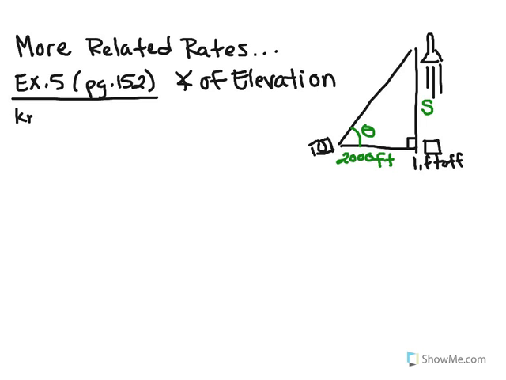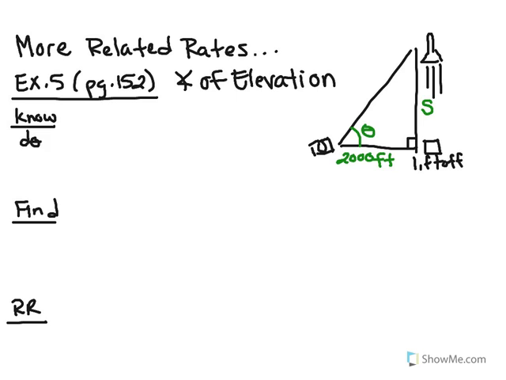We're going to list out our known, what we're trying to find, and of course our related rate. So once again the problem says find the rate of change in the angle of elevation. Now since we're dealing with an angle, we're going to call this d theta dt. That's what I'm trying to find.